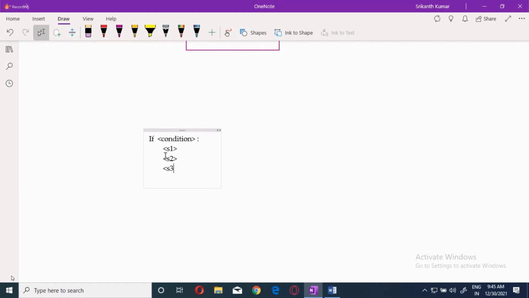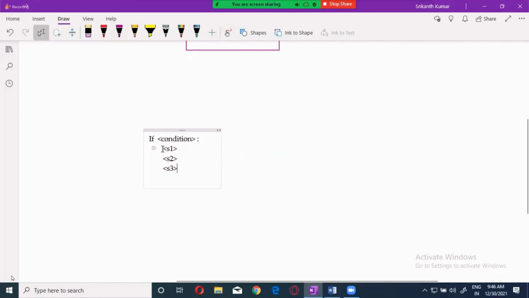These will be executed when the condition is true. When the condition is false, they will not execute. Simple criteria.